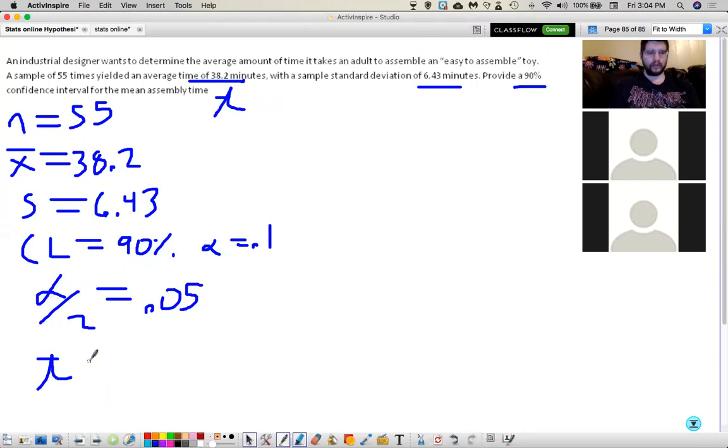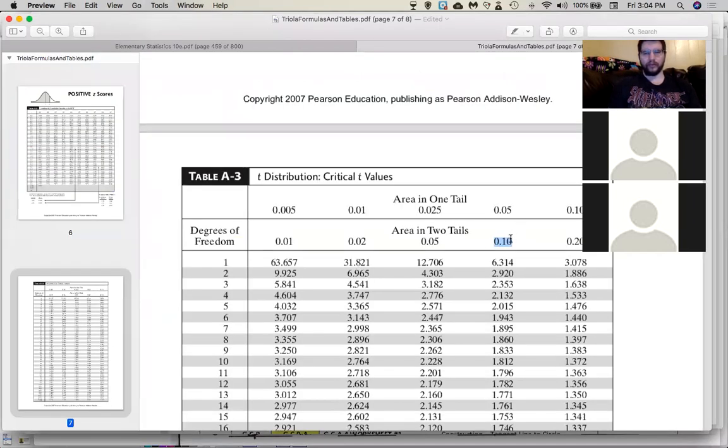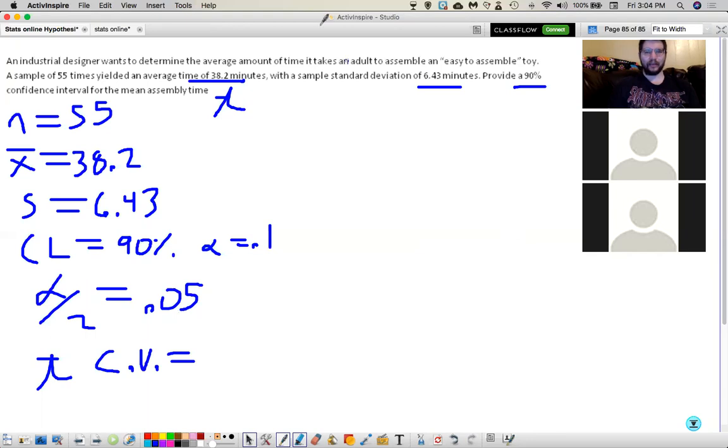Okay, so the T critical value is based on the area, the alpha value, and also our degrees of freedom.